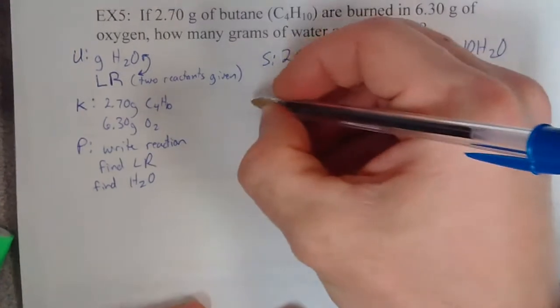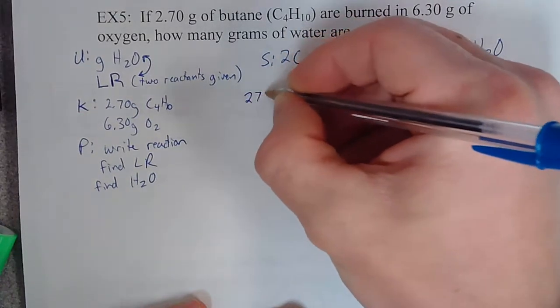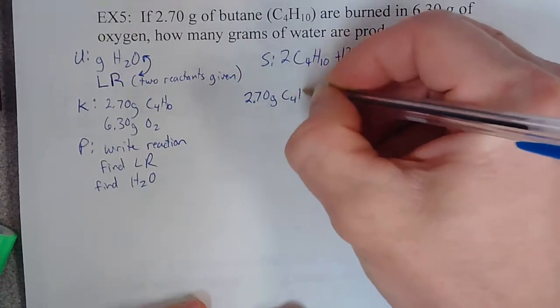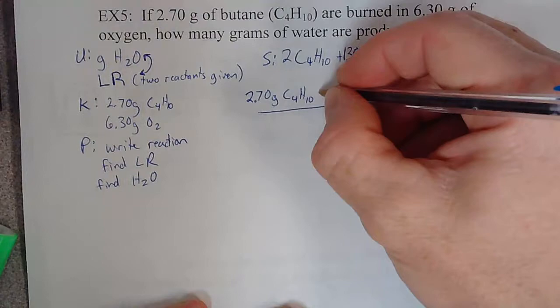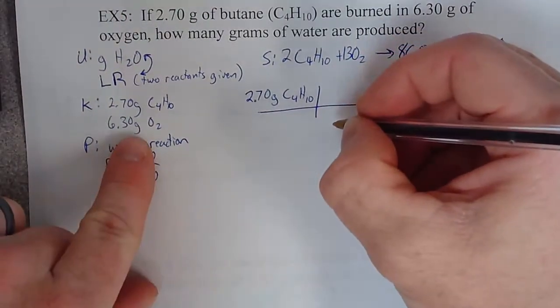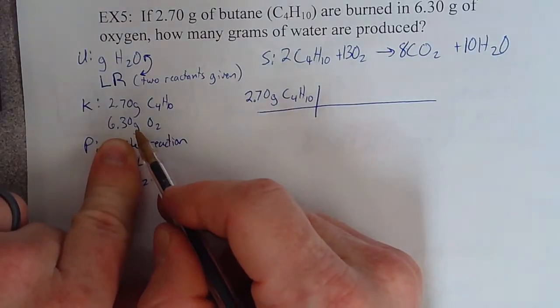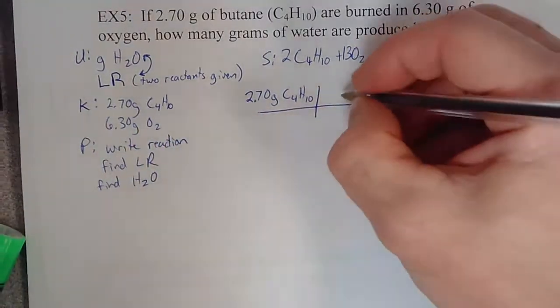Let's do it. So if we have 2.70 grams of butane, we want to know how much oxygen we need to go with that. Let's do that and figure out if it's more or less than 6.30 grams.